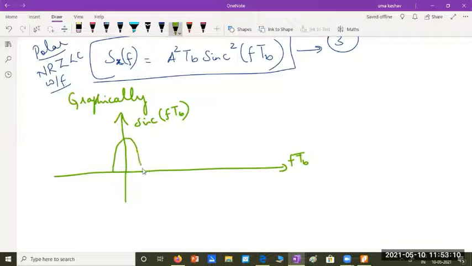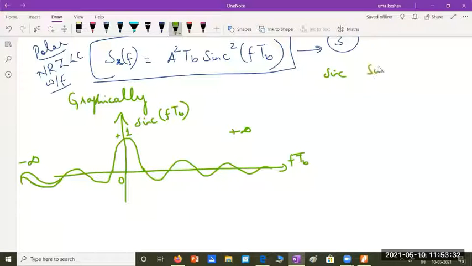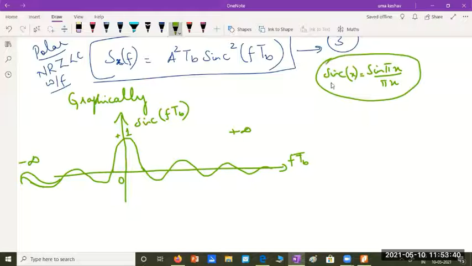A sinc has the value 1 at 0 and it will go on decreasing in amplitude, from minus infinity to plus infinity. Sinc means, please remember, it is sine pi x by pi x. This is what we call sinc x. I hope all of you remember this sinc function. And this is how it is represented graphically, right?